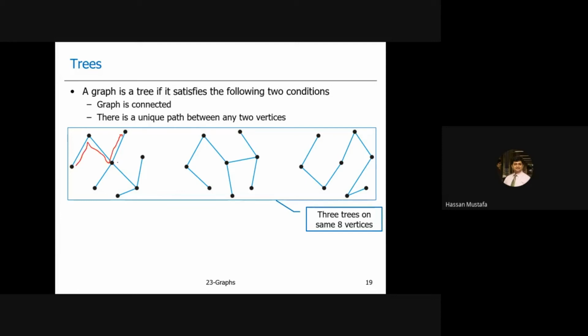I cannot take any other path to reach this specific destination. So it means that if a graph caters for a set of applications, then the applications that a tree can cater for are a subset of those applications.